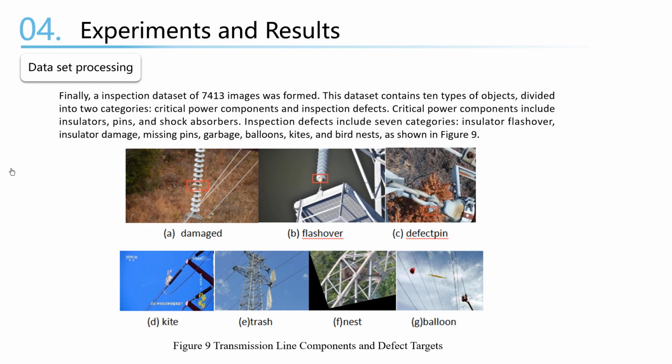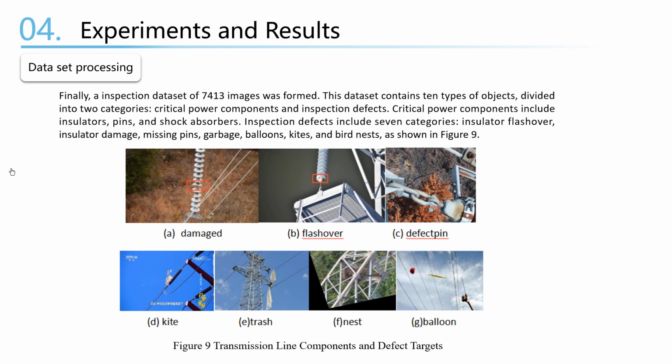Dataset processing. Finally, an inspection dataset of 7,413 images was formed. This dataset contains 10 types of objects, divided into two categories: critical power components and inspection defects.